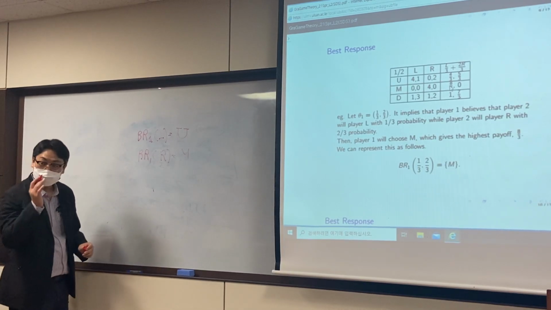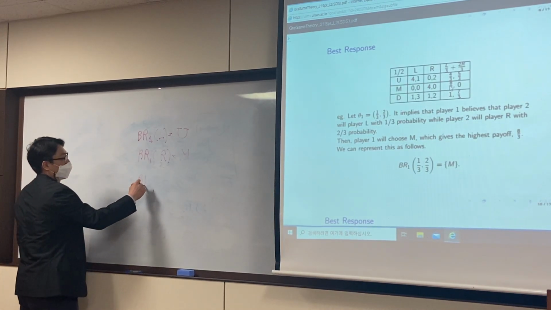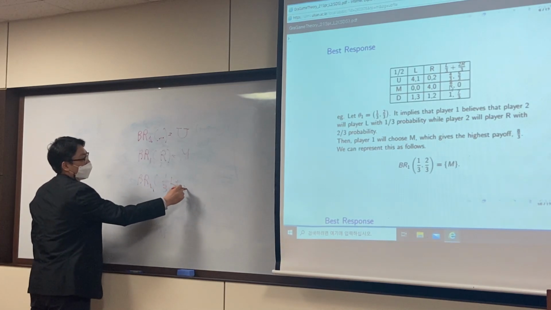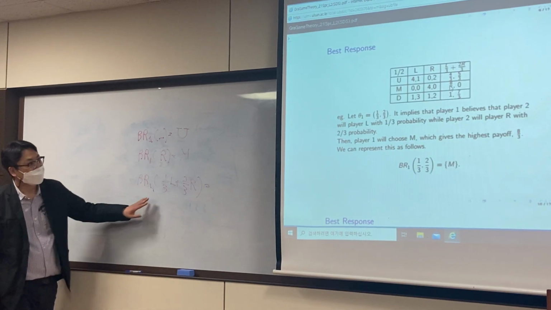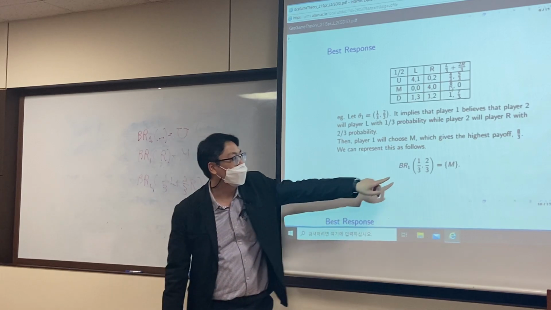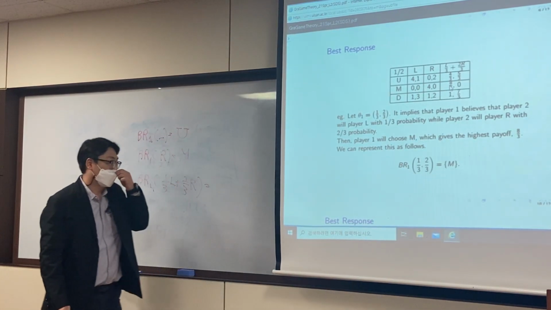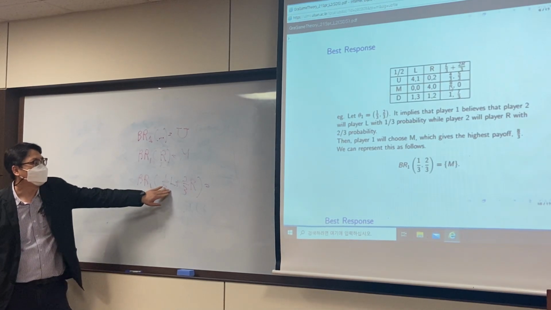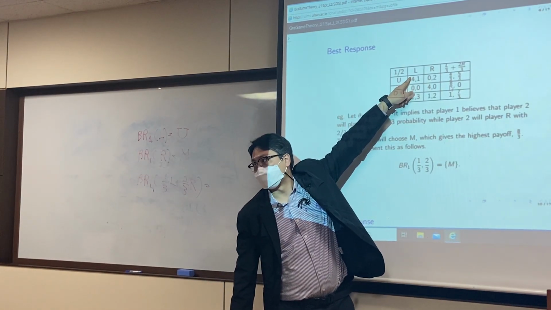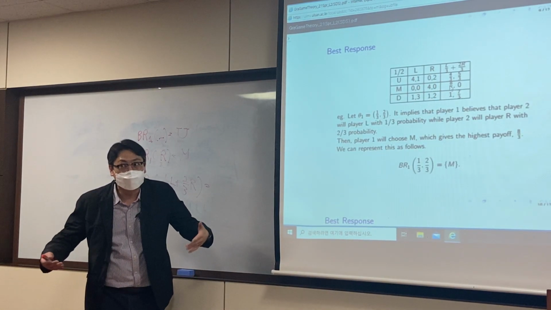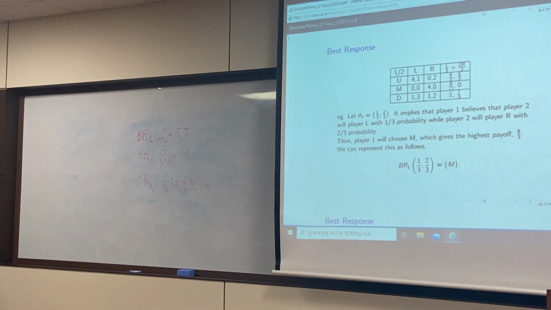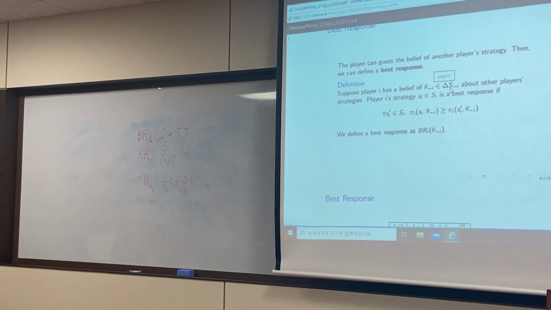What if I believe that you are playing this? Here, instead of writing in this way, I'm just writing it this way. These are the same thing. So anyway, if I believe that you are playing L with 1/3 probability and R with 2/3 probability, this belief already includes a mixed strategy about other players.